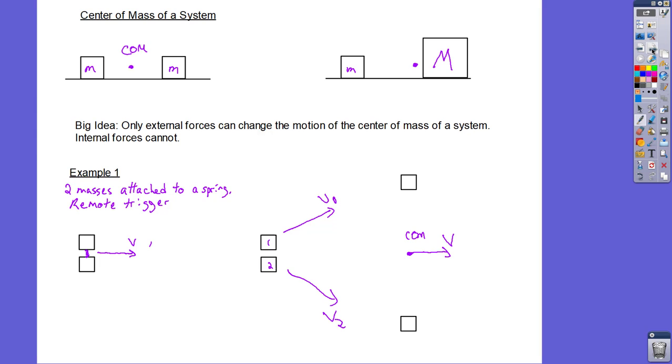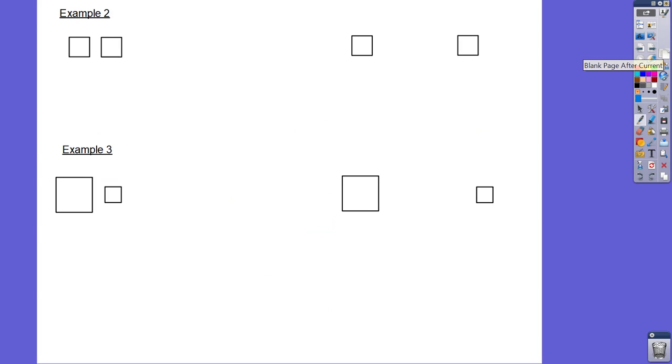Another example where you can think in terms of center of mass is if we have these two that are stuck together. Okay, same sort of system. So our initial V is equal to 0, and then later this is triggered, so they haven't moved in space. So this is kind of like before and after. Sometimes I like to do the before side and the after side.